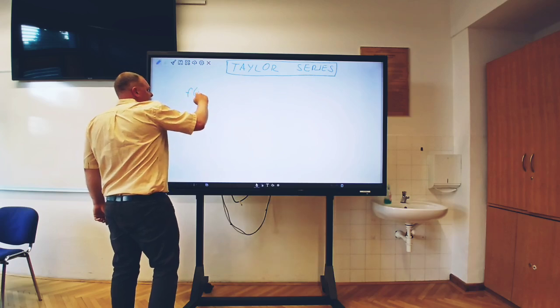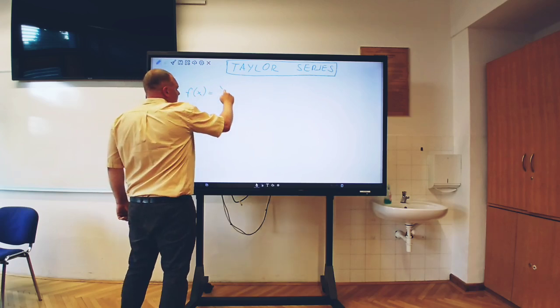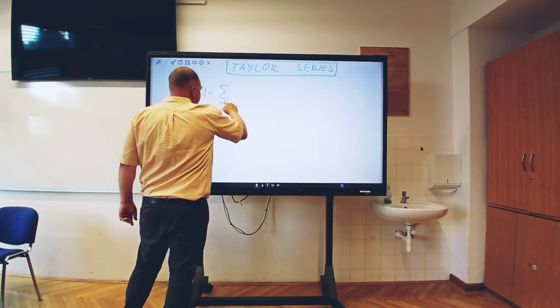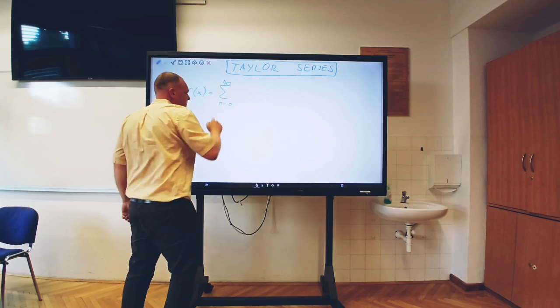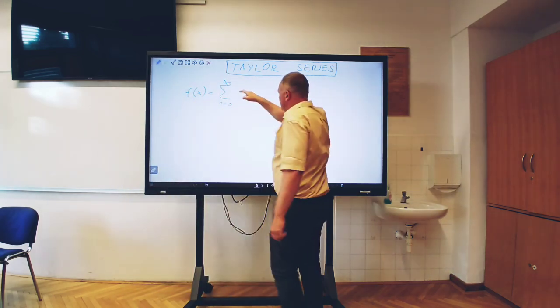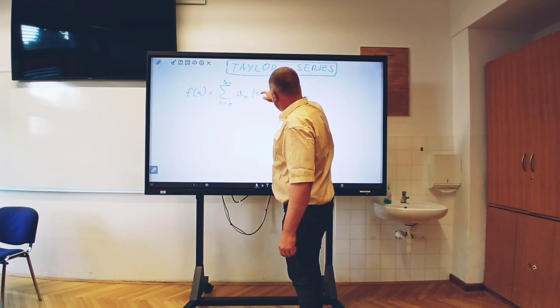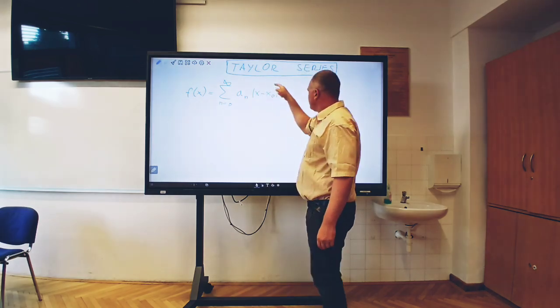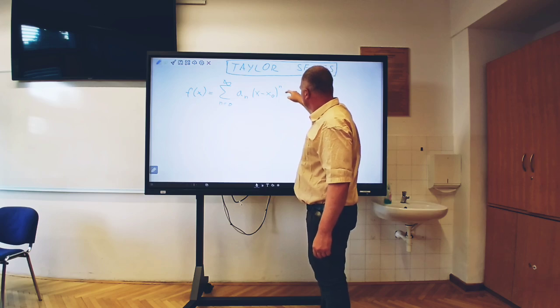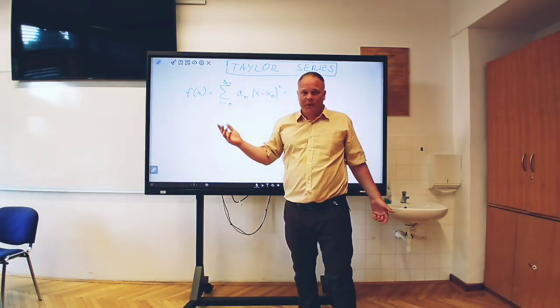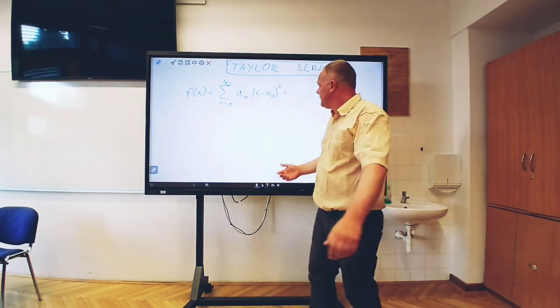Let's say we have a function which is a polynomial, and this is a sum from n is 0 to infinity, and it has coefficients a_n, and we want to find this around the point x0, to the n. And this polynomial, when expanded, looks like this.